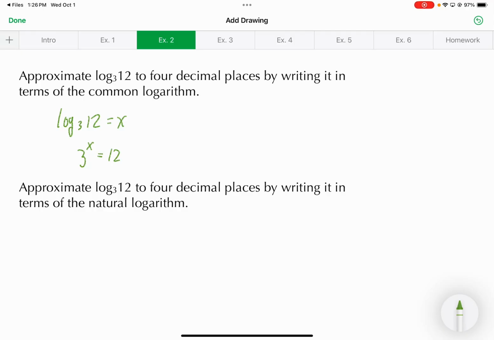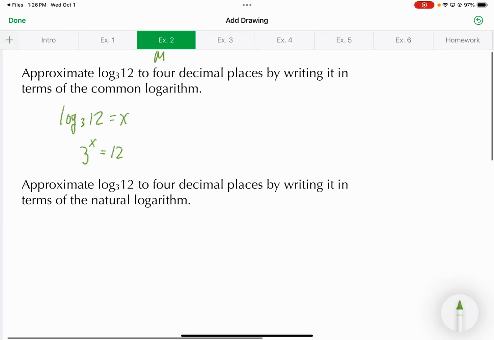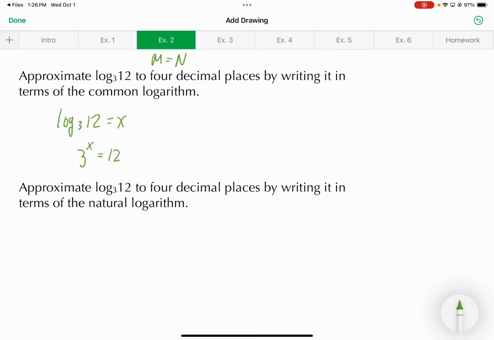We can do that with logarithms, right? Remember, if you have like log of something raised to a power, you can pull that power in front of the log. Remember that property? So what I can do is we have another property that says if you have, I think we use the letters m and n, if you have m equals n, then that's equivalent to log base a of m equals log base a of n.